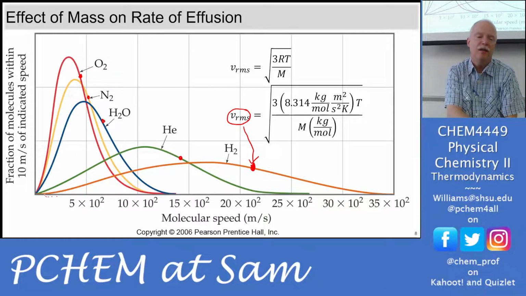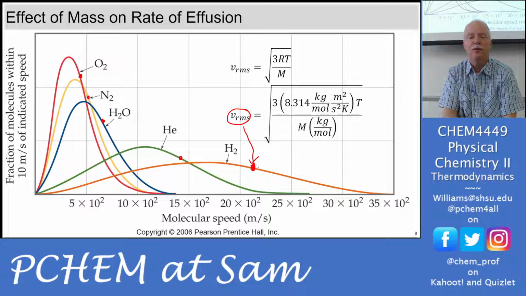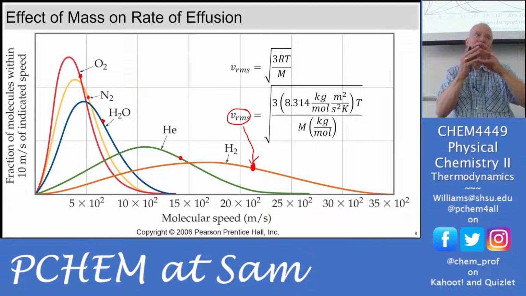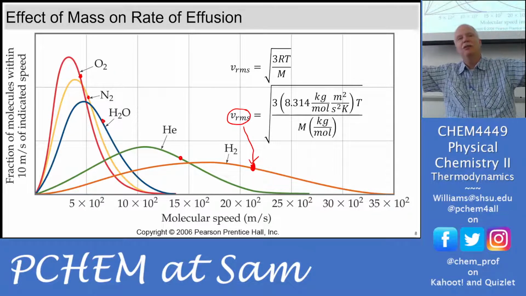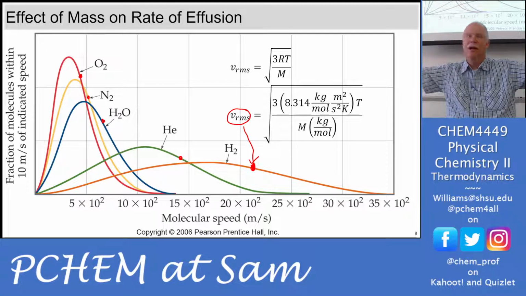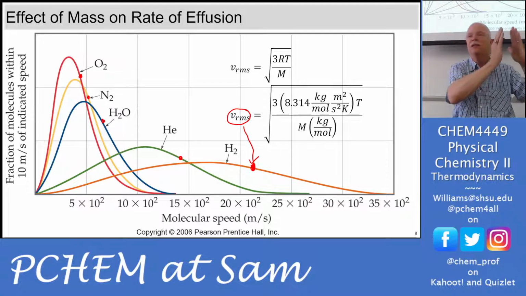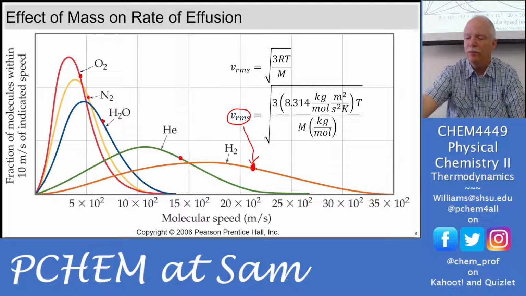And so that it's sort of pinned to 0. So if you're going to have an average velocity or a root mean square velocity that's really high, it's got to be spread out because it's got to go down and touch 0. And so you're kind of pinned at 0, and you're just stretching that distribution out further for a light gas and then cramming it all up against 0 for a heavy gas.